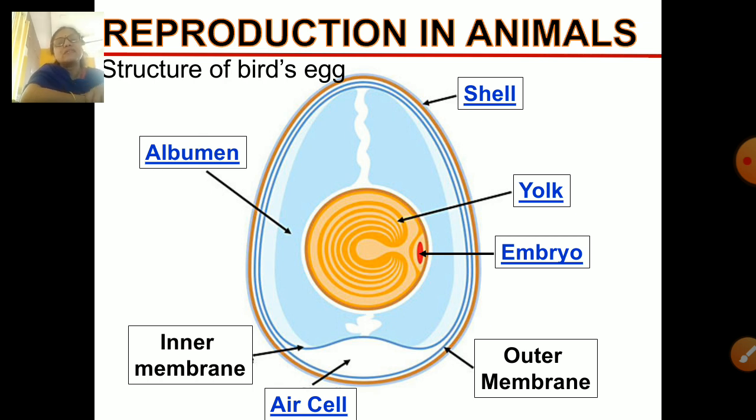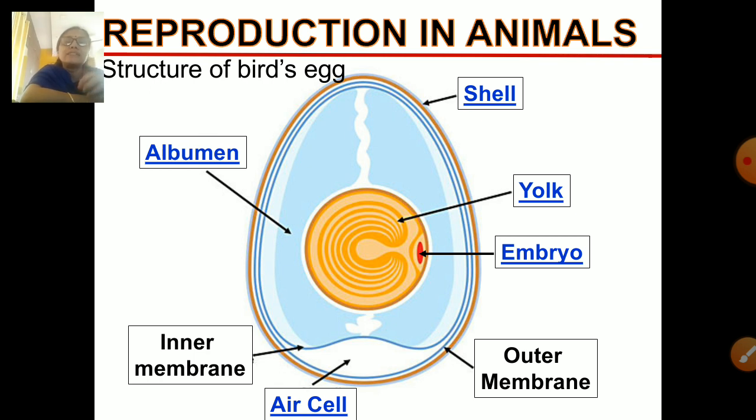As you see in the slide, this is the structure of a bird's egg, right? The outer covering which is white in color, you all have seen the egg, that is called shell. That is a little bit hard.